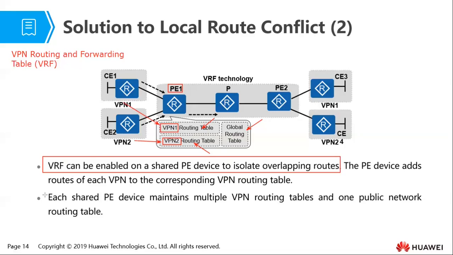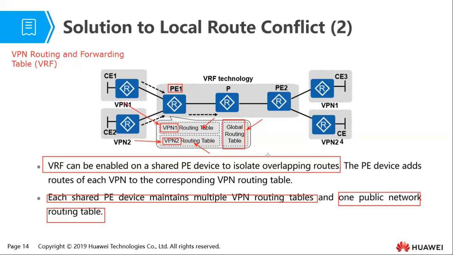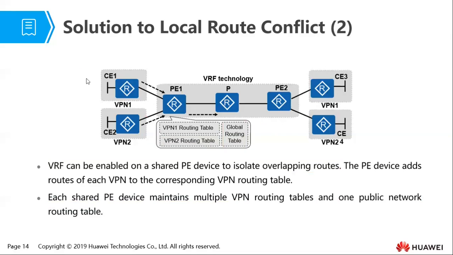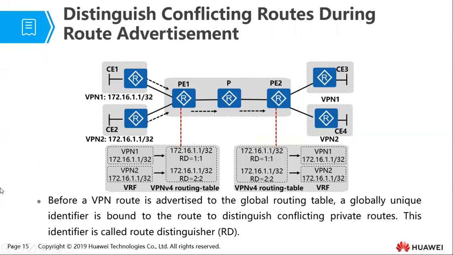So each shared PE device maintains multiple VPN routing tables, and of course one public network routing table, which is what we are calling here the global routing table. So that is how we can distinguish between the conflicting address spaces. Okay.